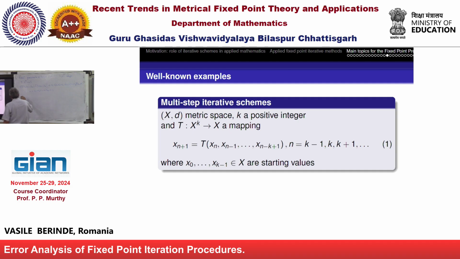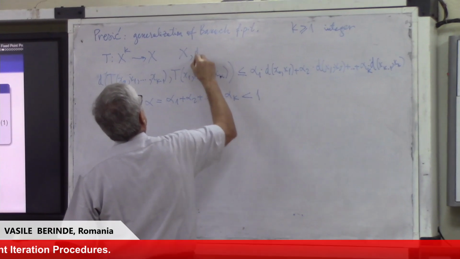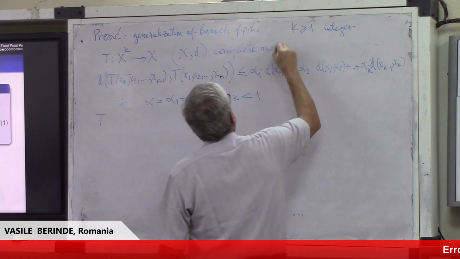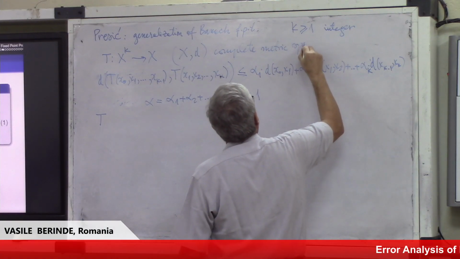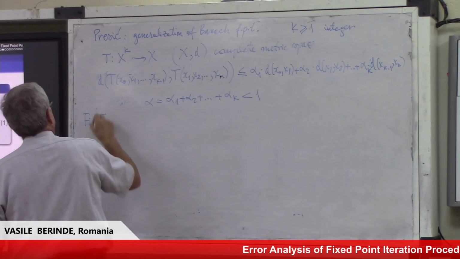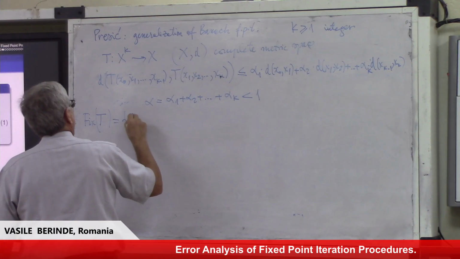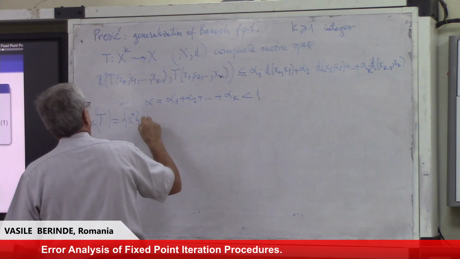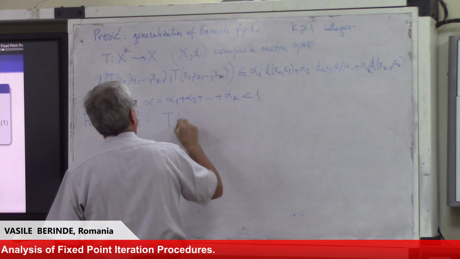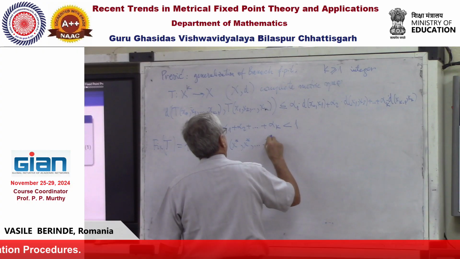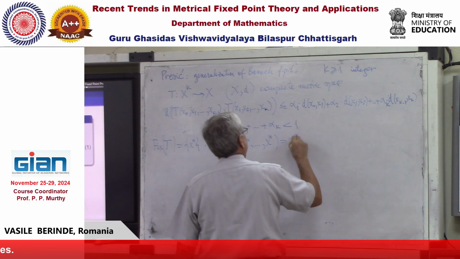Then he proved that if (X, d) is a complete metric space, then T has a fixed point, a unique fixed point, in the sense that T applied k times to x star is exactly x star.